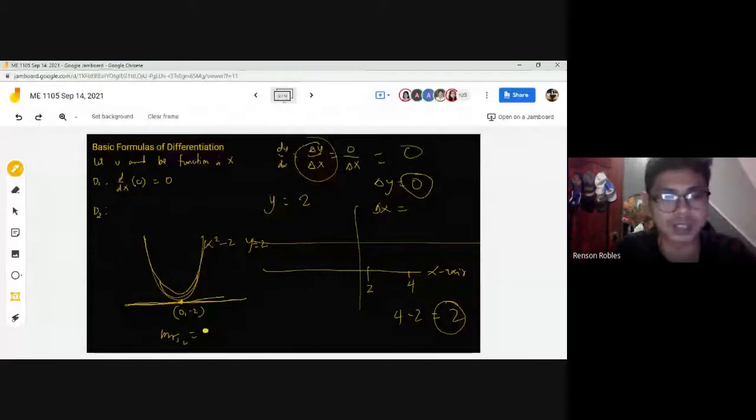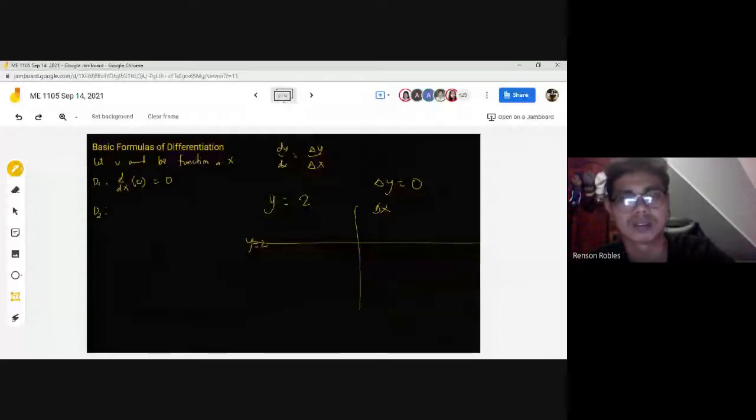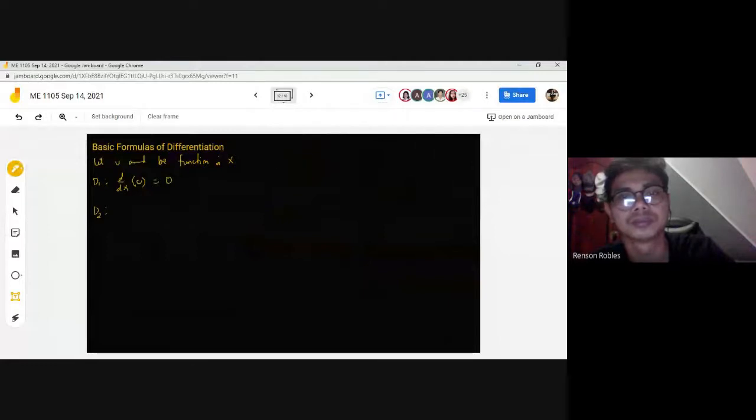So when x is 0, 2 times 0, 0 ang slope na rin. Okay? So because the slope of horizontal line is 0, that is why the derivative of constant is equal to 0. Okay?